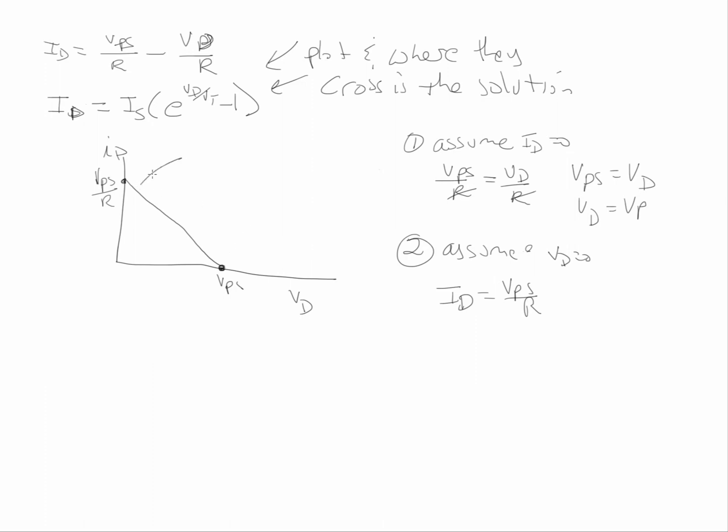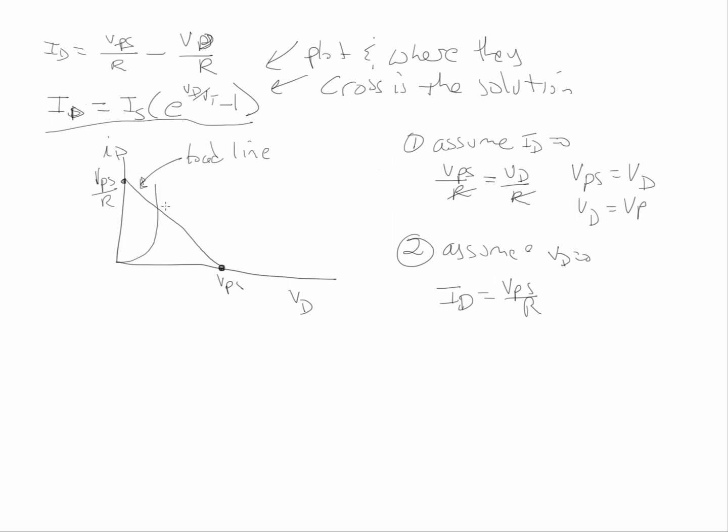And they call this line the load line. The load line is sort of the constraint that the circuit is putting on the element. And then we just plot the diode equation out using what we know, and you get some diode curve.